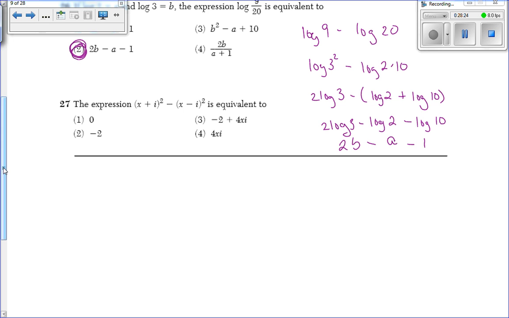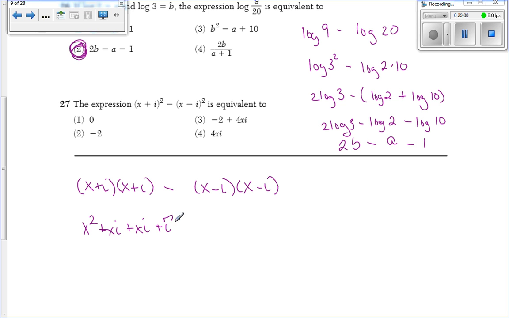And then for 27, the expression is equivalent to, well, good thing I got lots of room right here to work. x plus i times x plus i minus x minus i times x minus i. So I need to do a little bit of FOILing here. So I'll have x squared plus xi plus xi plus i squared. That's the first one.